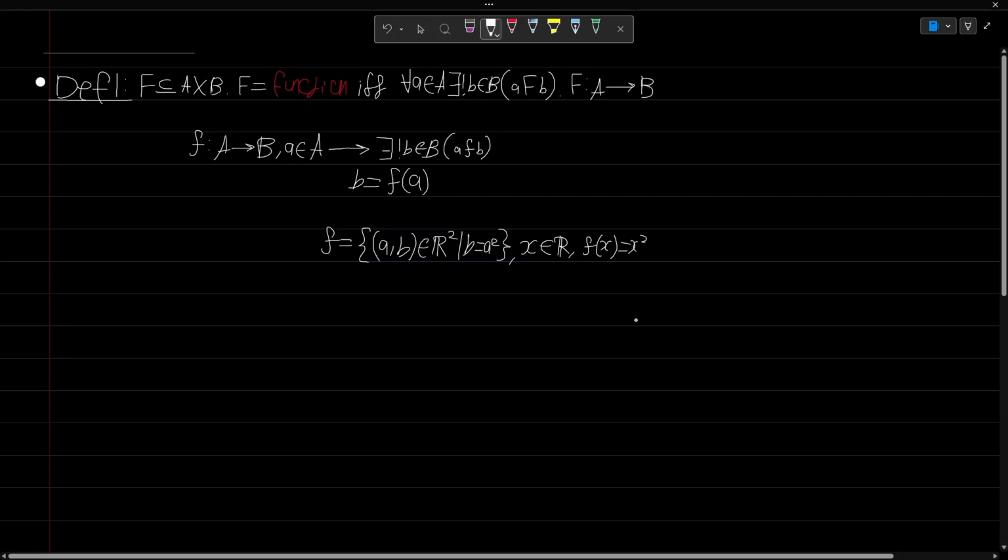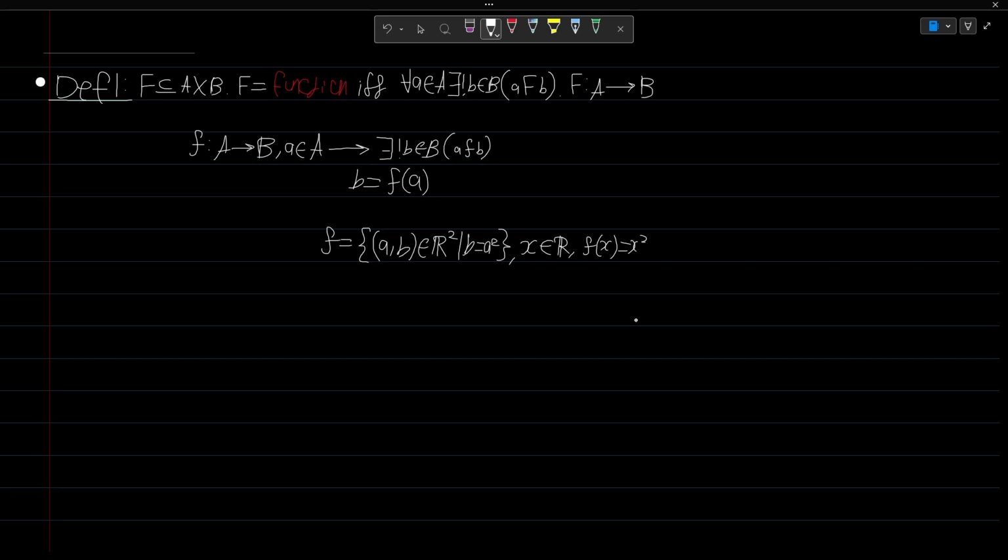It's often very useful to think of any functions that you come across like this, where it gives you a specific rule on how to find f of something in a set. But just keep in mind that not all functions need to be like this. By definition, a function is just a relation from A to B that has this property.